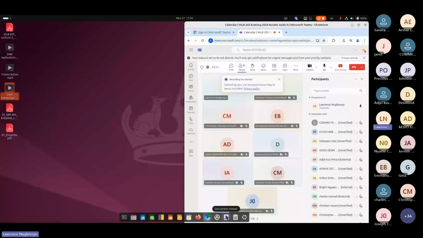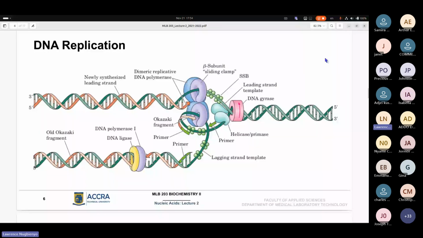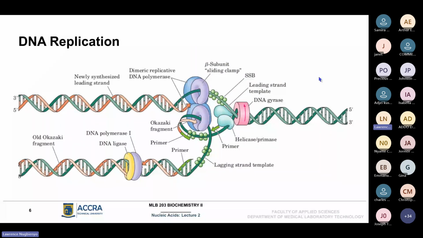Okay, so you see on the lagging strand, that is the strand on which you have the synthesis of the new strand in smaller chunks. That you saw in the video, and these smaller chunks are referred to as Okazaki fragments.